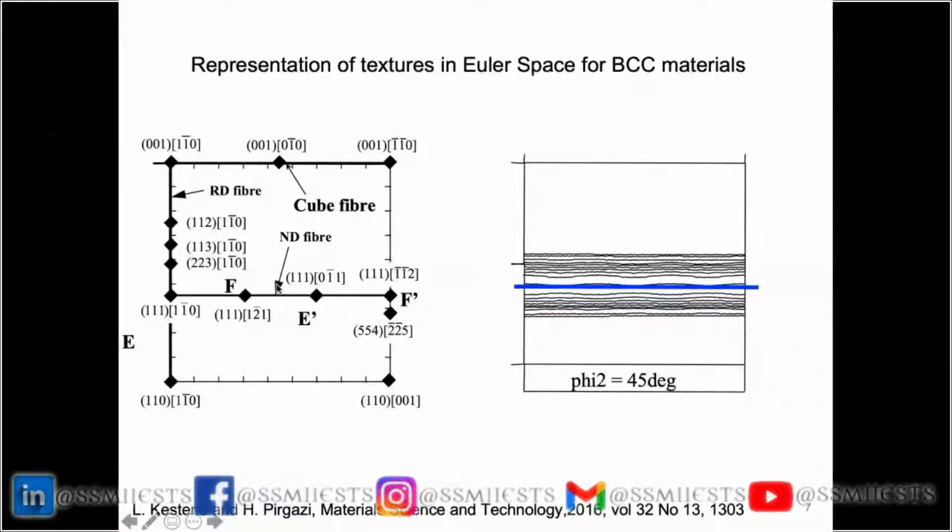So this is the 111 fiber and this is the 110 fiber. For example, if you want to have a good deep drawable steel, which is very important in steel manufacturing, then you want to have a texture that is centered around the gamma fiber. So that's actually what you want. We will come back to this later. Okay.